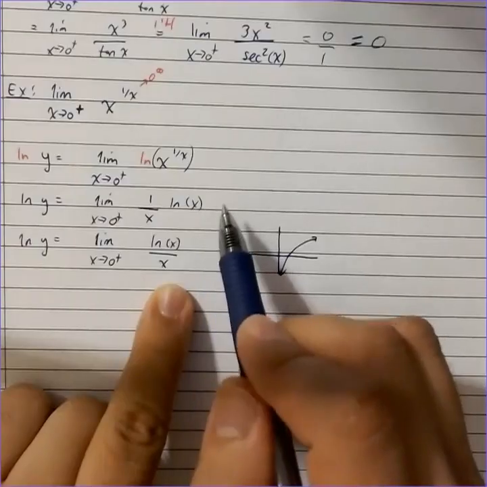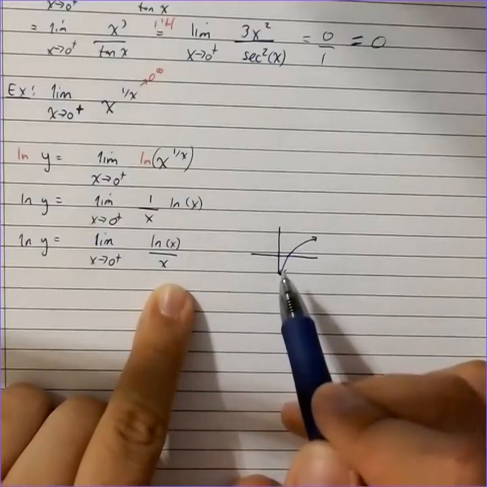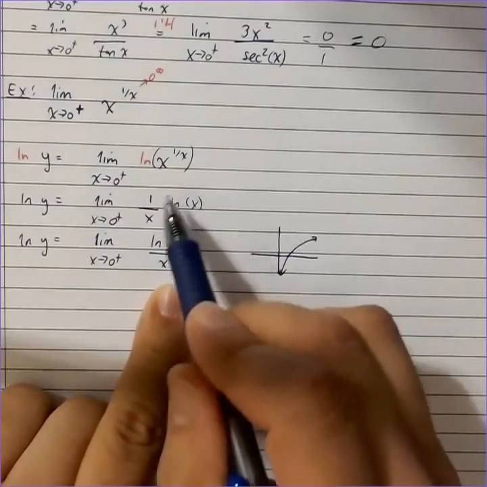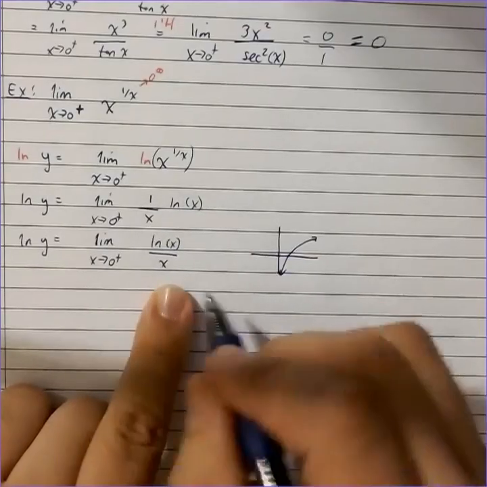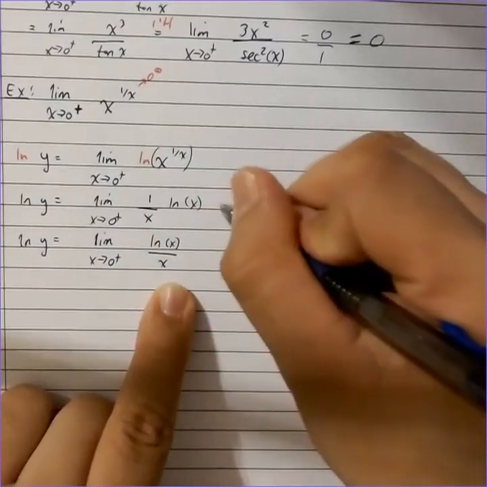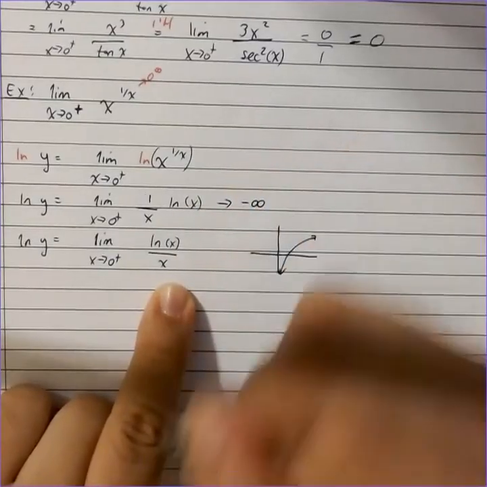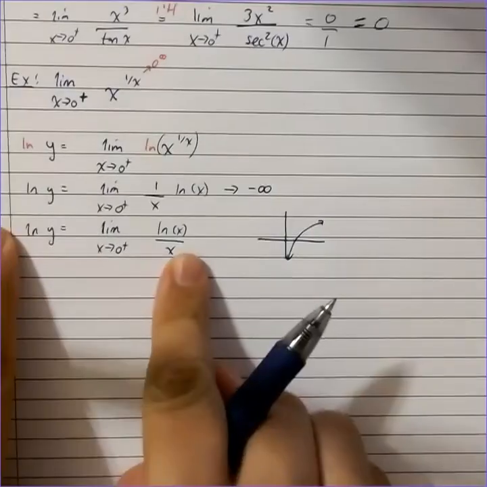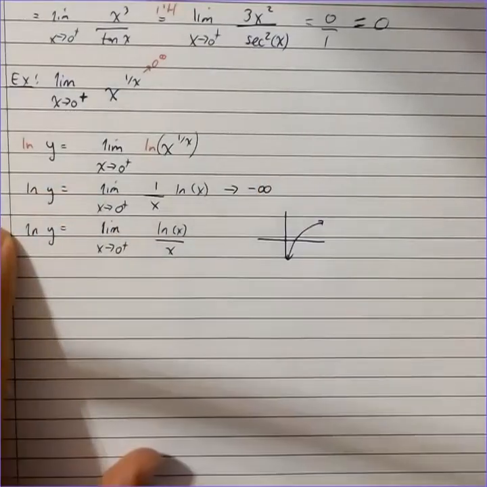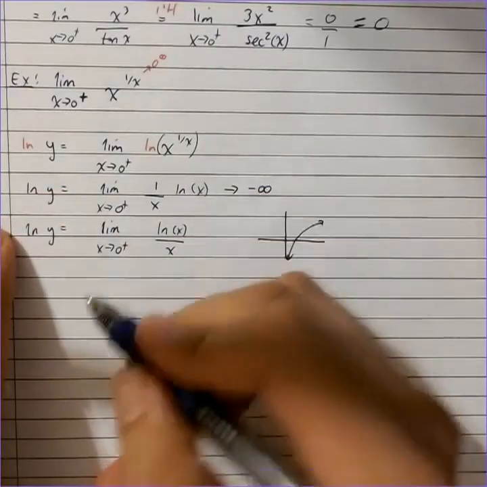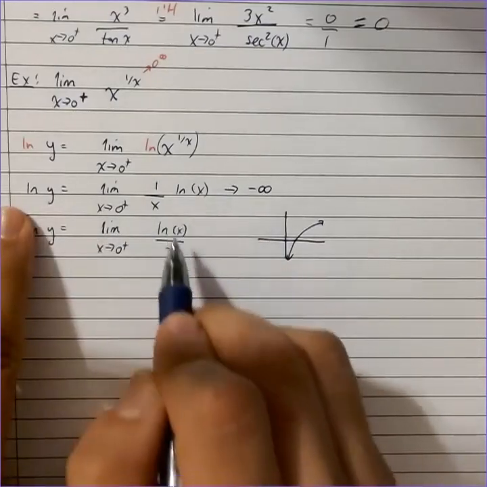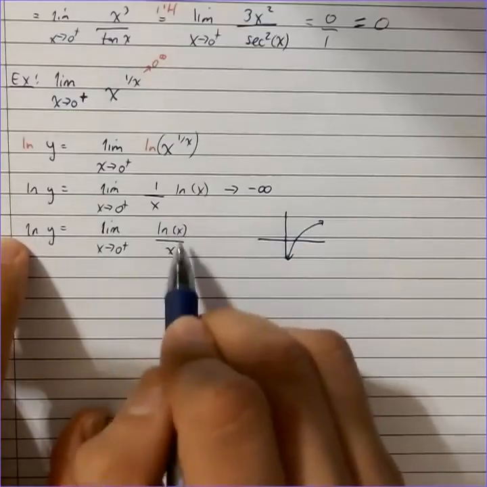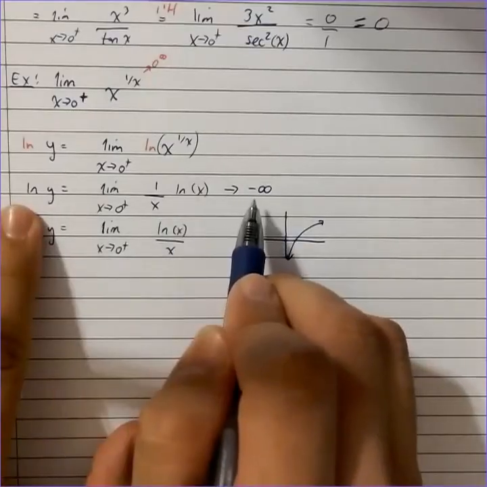Positive times negative is negative, so this is going toward negative infinity. So this line is not wrong, but it's just not necessary. We could have stopped one earlier. Note we didn't even use L'Hopital's rule. If this had been indeterminate, we would have, but it turns out we don't even need it for this problem.